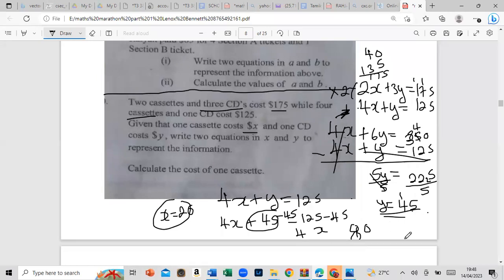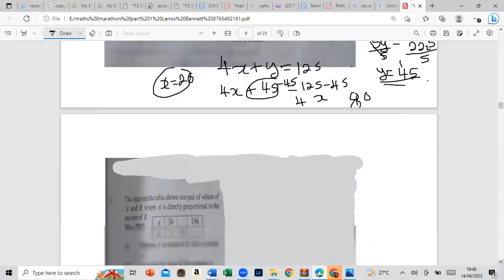Guys, just check them in the exam, because sometimes you can make a little error, and we don't want to make the error and then not pick it up. So just double check for sure.